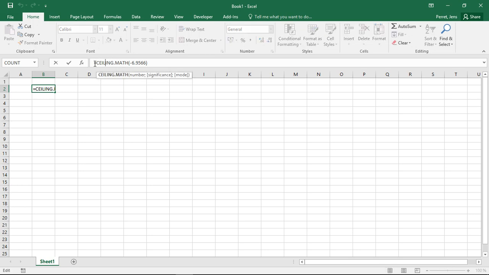Well, the opposite to ceiling is floor. So we also have a function FLOOR.MATH, which again, for positive numbers, rounds down to the next smallest number, so closer to 0. But for the negative ones, it also goes to the next smallest number. So here it is rounding away from 0.